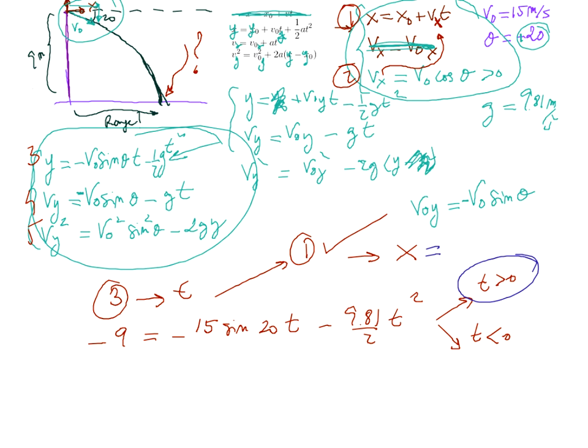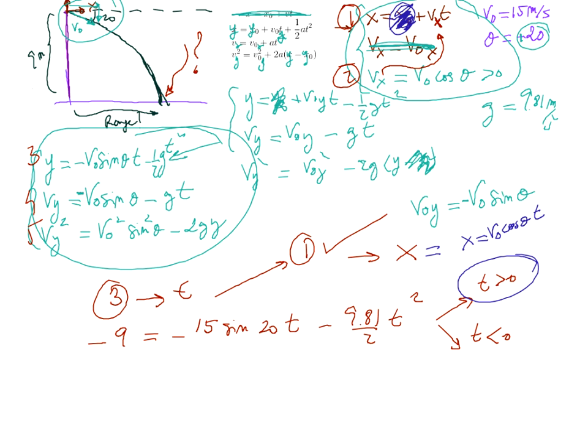Which, I apologize, I forgot to simplify this one. This should be 0. My bad. I should have mentioned that since I located the origin at the initial position, my initial position in the x direction, or x naught, was 0. So really, the equation is x is equal to v naught cosine theta t.